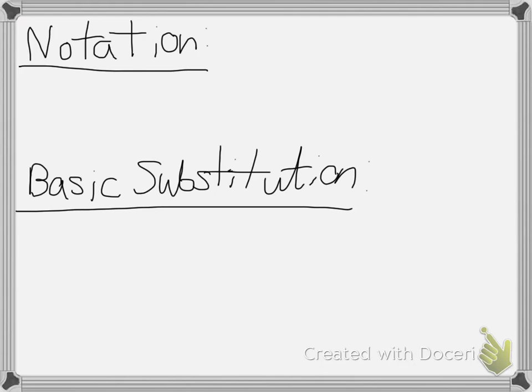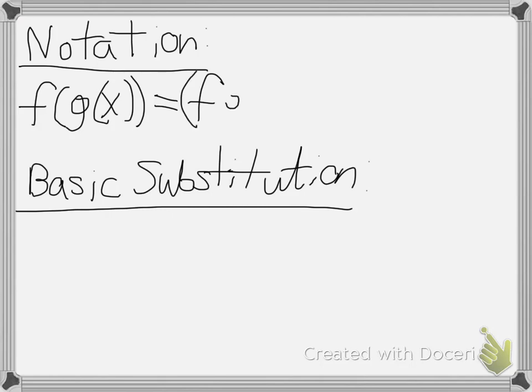Alright, now we're going to start looking at the composition of functions. So, let's do the notation first. So the notation for compositions would be f of g of x, and you can also write this as f, oops, forgot a parenthesis right here, and then you put a circle, which is supposed to be "of", g, parentheses, x.